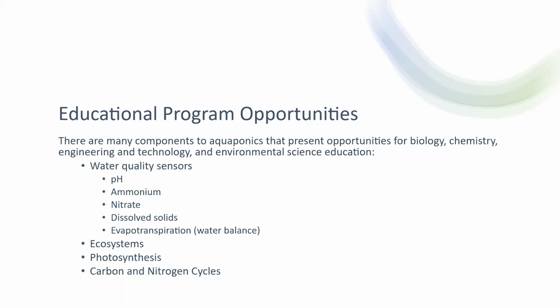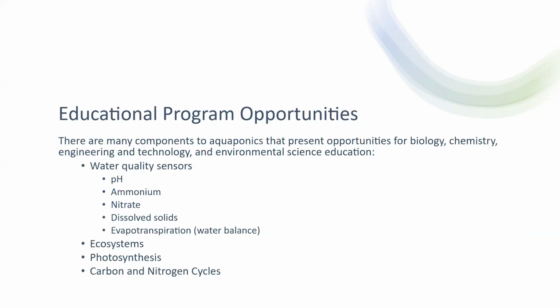So, educational program opportunities. There are lots of components and topics that aquaponics covers, such as biology, chemistry, technology, and engineering. And there are also smaller sections, such as the sensors that are needed to monitor water quality.